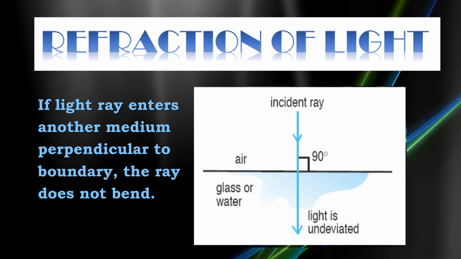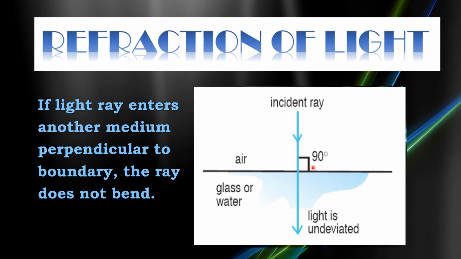And if a light ray enters from one medium to another medium perpendicular to the boundary, just like you can see in this figure, that this incident ray is entering from air into another medium, which is glass or water, and it is just normal, just perpendicular to the boundary between the two mediums, then the ray does not bend.